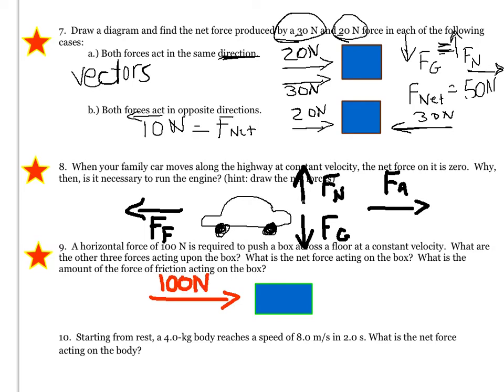So there are 3 other forces acting on that box, and one of them is the normal force. Another one is the gravitational force. And then, of course, we have good old friction. So the frictional force is working opposite of the action force, which we can write in red.